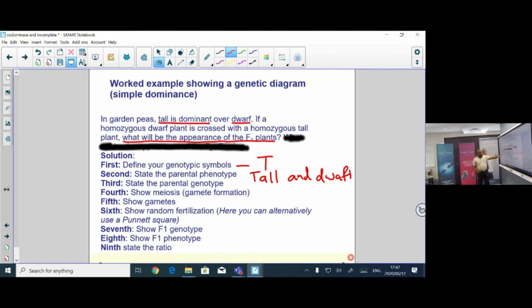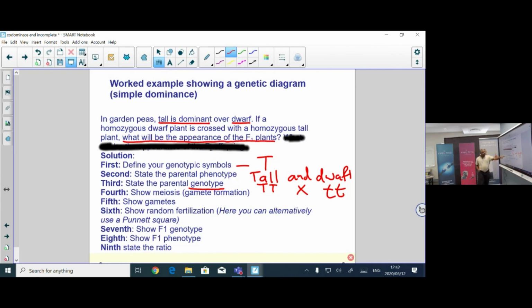Third, state the parental genotype. For tall, it's T and T. It's a genotype for a parent, so it has to show all the alleles. For the other one, dwarf, homozygous, t and t.